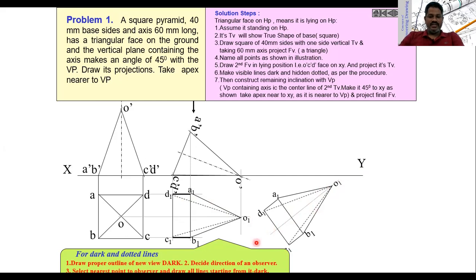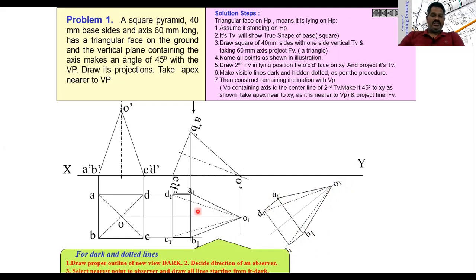Draw a 45 degrees line, then at this height take the compass, locate this point, then get A1 B1 from the compass. Then A1 D1, draw a perpendicular line, then B1 C1, which is perpendicular to A1 B1, and join all these points. Similarly, join A1 O1, B1 O1, then join D1 O1 as a dotted line and O1 C1 as a dotted line.